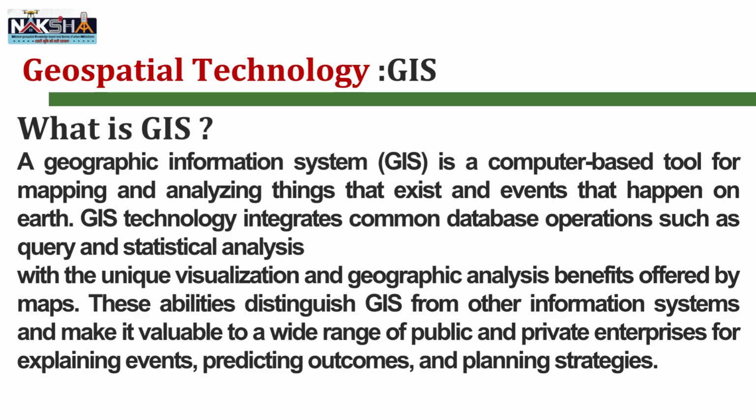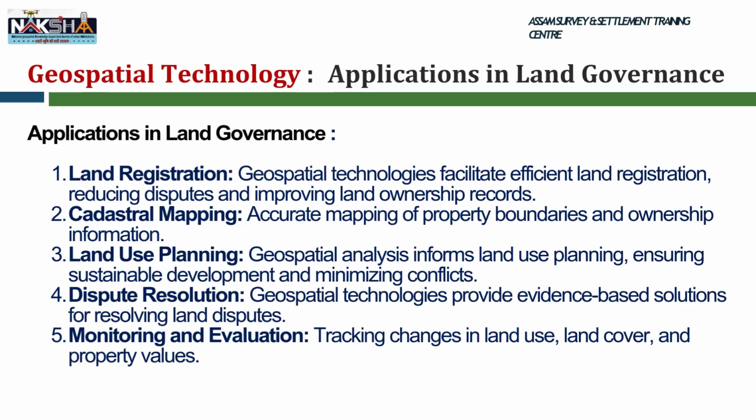GIS technology integrates common database operations, such as query and statistical analysis, with the unique visualization and geographic analysis benefits offered by maps. These abilities distinguish GIS from other information systems and make it valuable to a wide range of public and private enterprises for explaining events, predicting outcomes, and planning strategies.